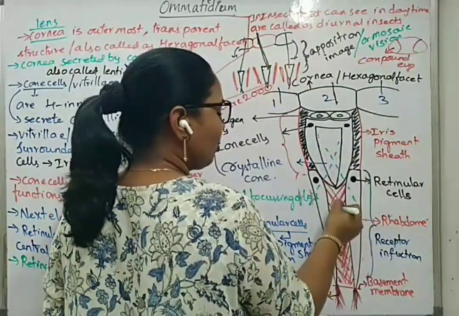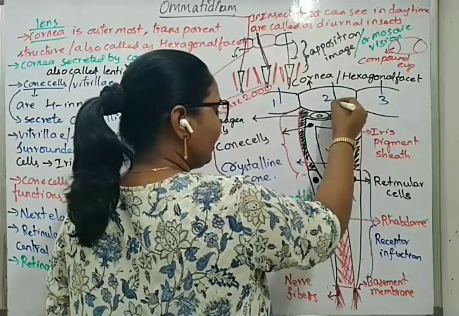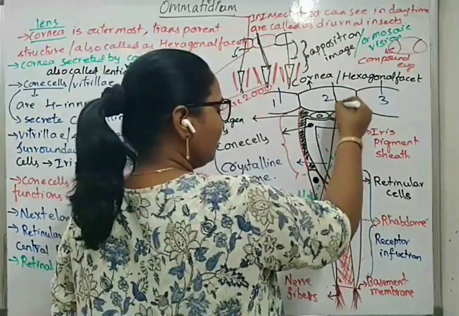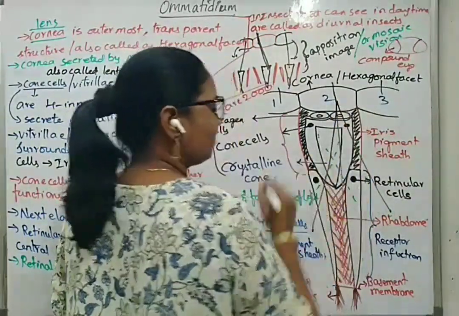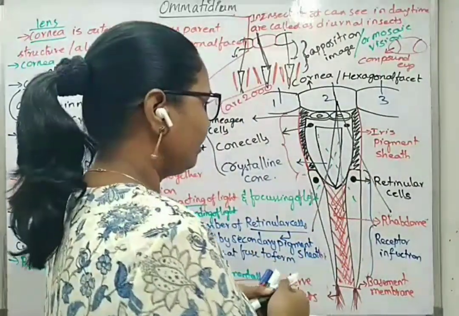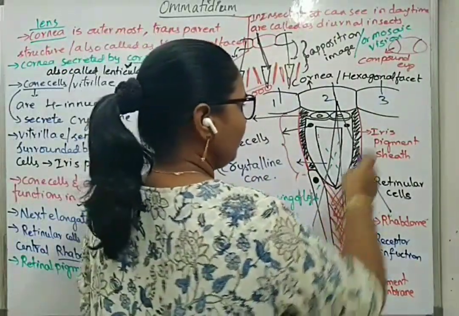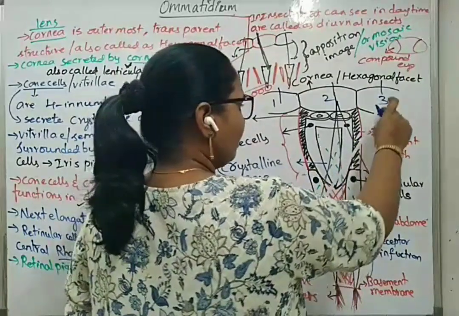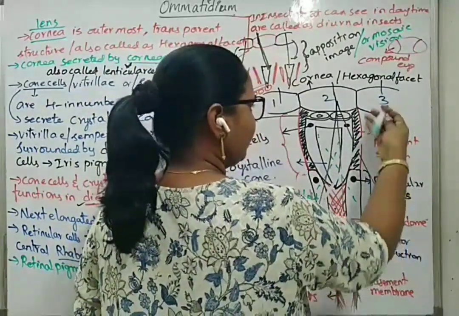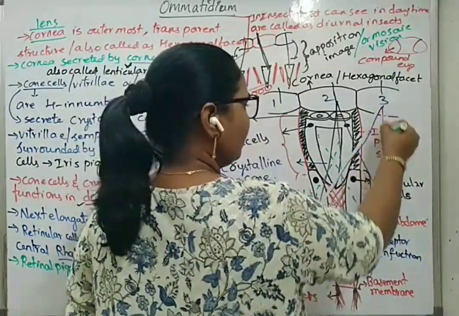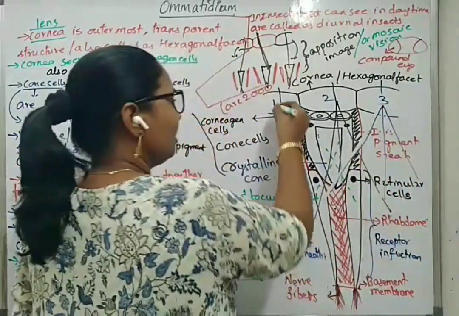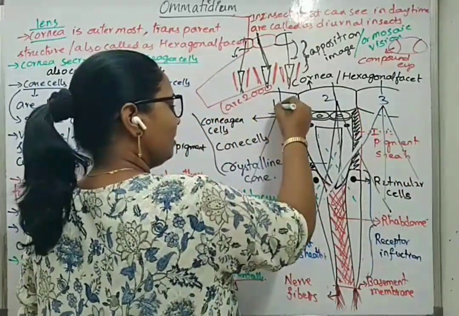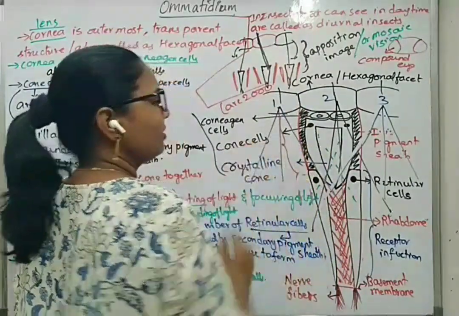It would have to fall directly on that ommatidium only, but it will be dispersed into 1, 2, 3. Again, we will change the colors. 1, 2, and 3. And here also 1, 2, and 3.